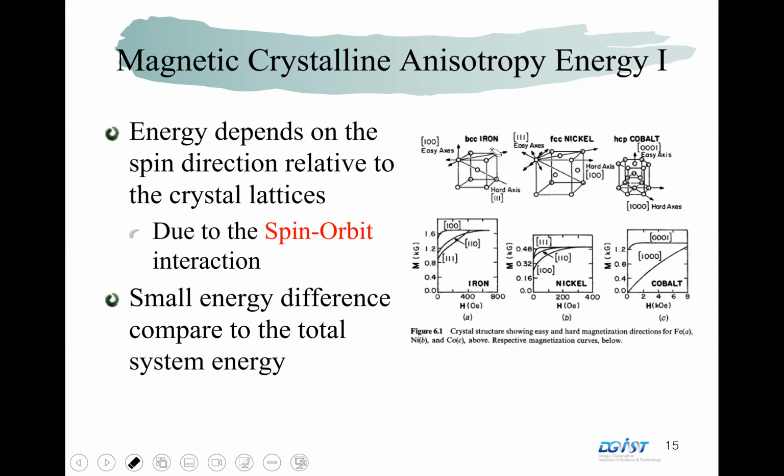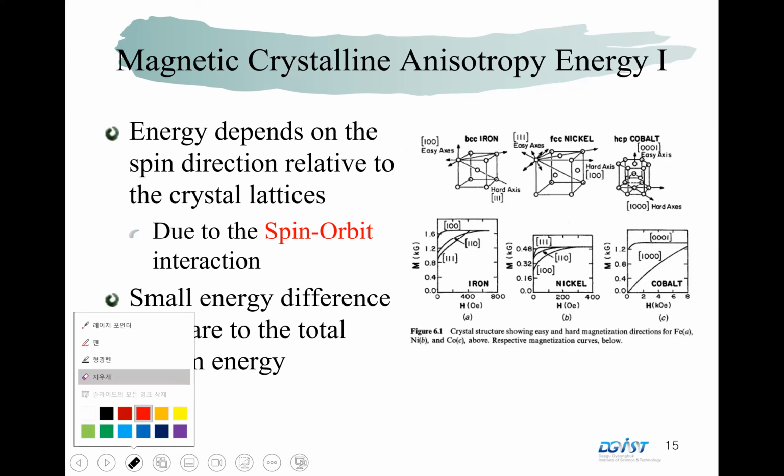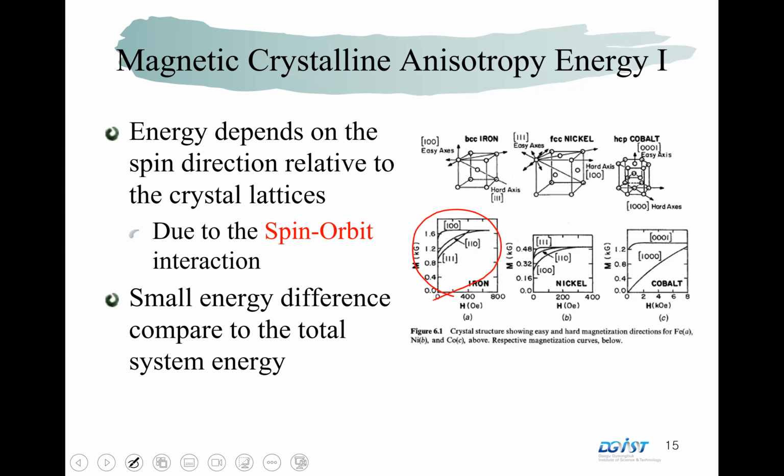For example, if you grow FCC films, they usually make some 111 direction preferred orientation. Then there is some chance of this direction of the crystalline energy. Anyway, for the iron, as you mentioned, they prefer the 100 direction, and for FCC nickel, they prefer the 111 direction, and for cobalt, they prefer the 0001 direction.